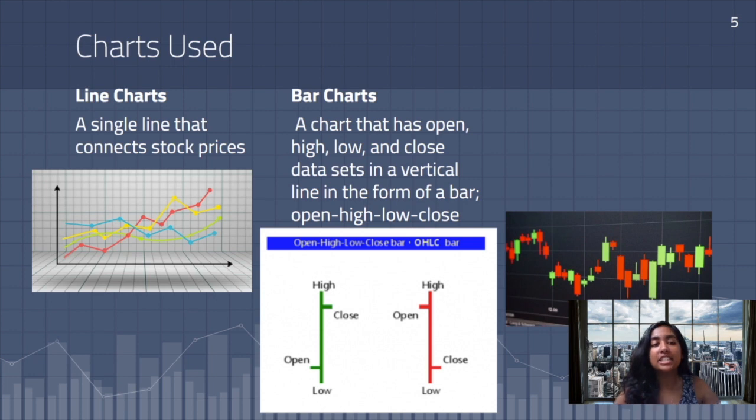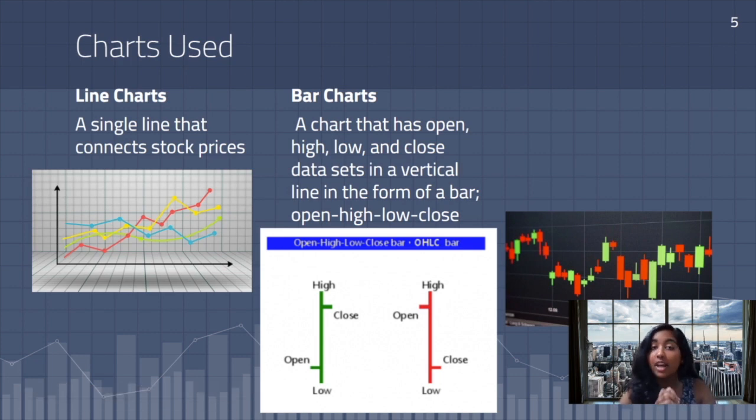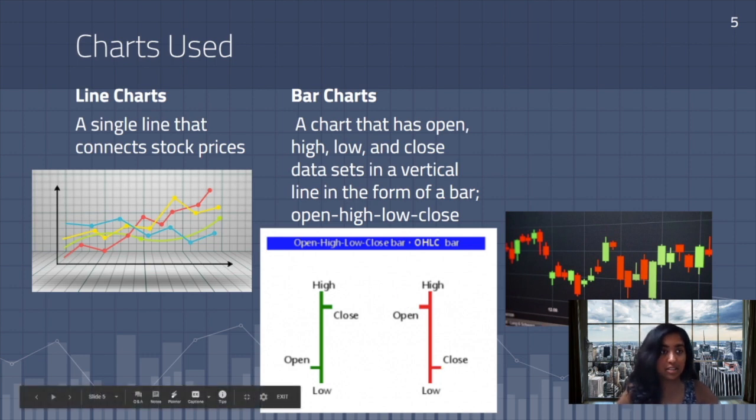The only difference is that bar charts use bars, and line charts connect different price points with lines. The vertical line on a price bar represents the high and low prices for the period. The left and right horizontal lines on each price bar represent the open and closed prices.